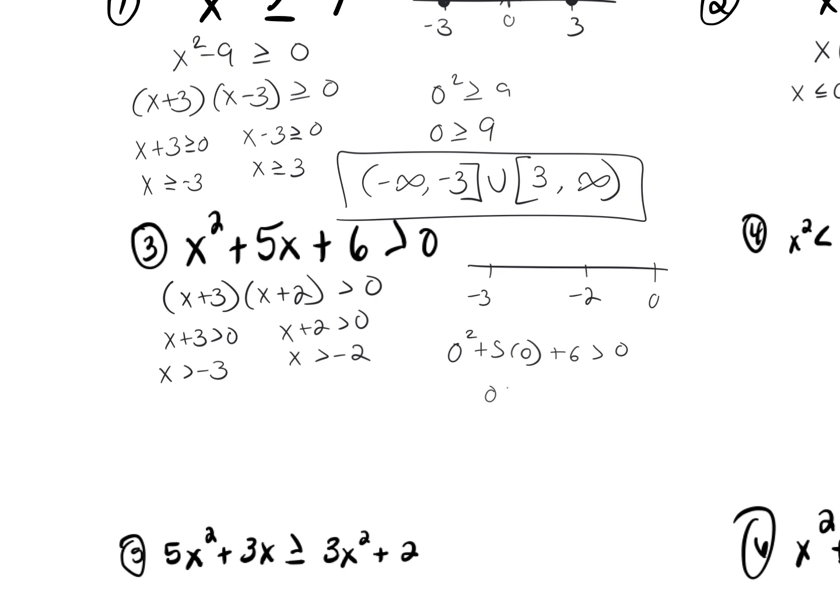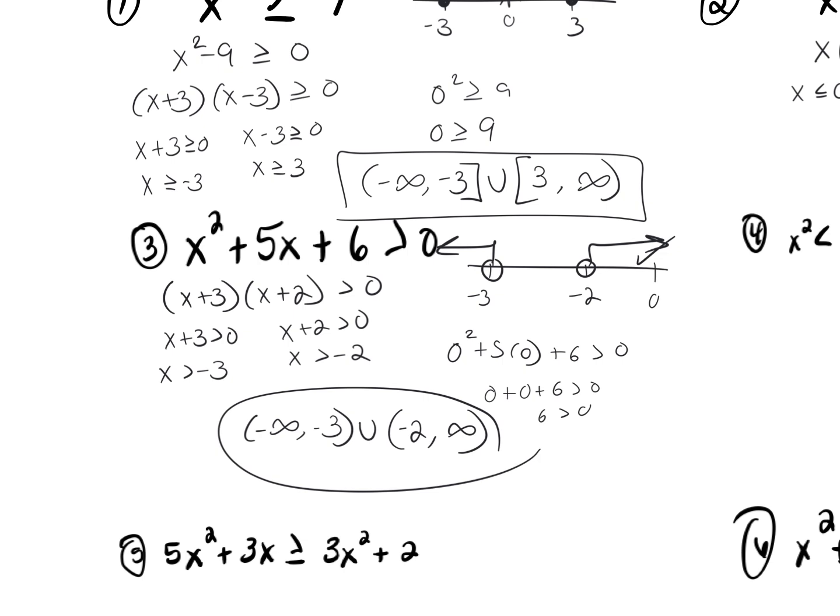So we get 0 plus 6 is greater than 0. 6 is greater than 0. So it works. These are open circles. And because it works, we know we're going to go towards the outside. So our solution is going to be from negative infinity to negative 3, union, negative 2, comma, infinity. So this would be your solution.